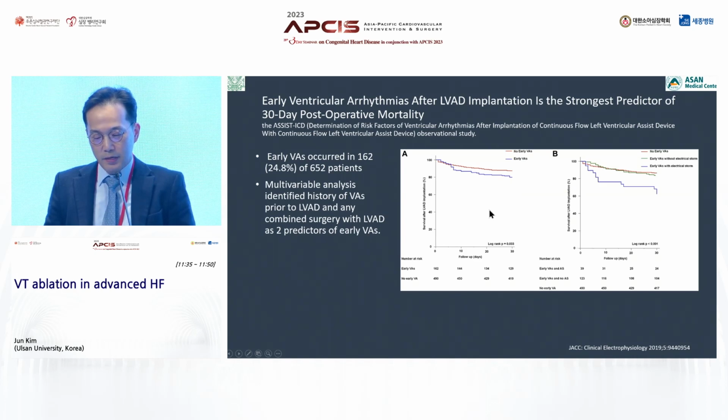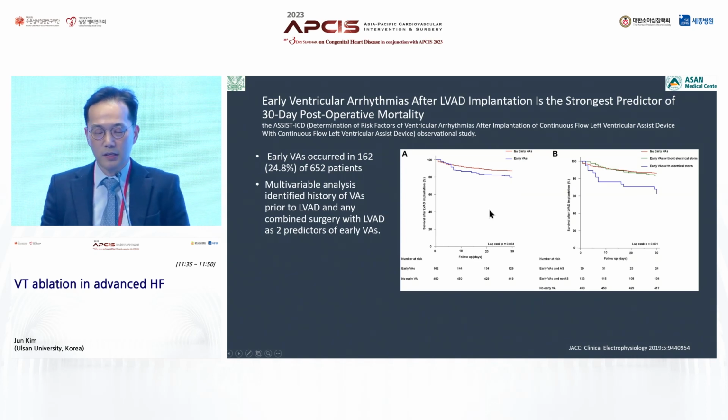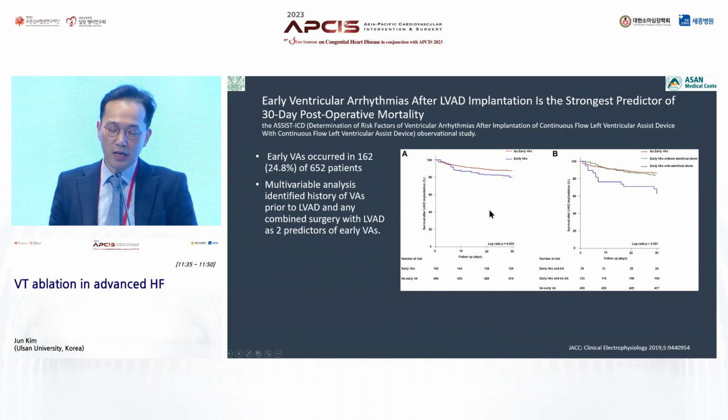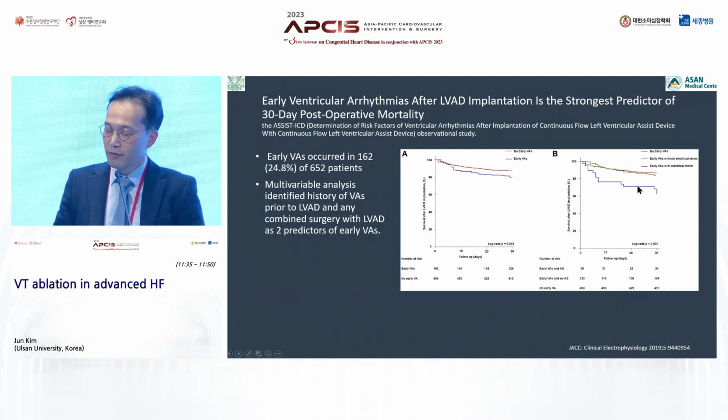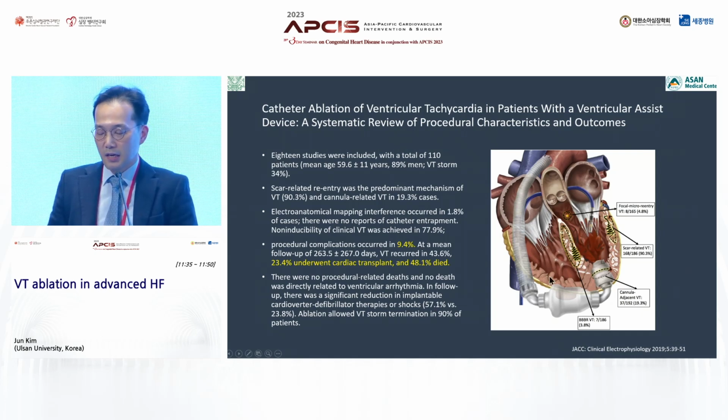And if the patient has LVAD, even though those patients have hemodynamic stabilization, early ventricular arrhythmia occurs up to 25%. And there are many causes of VT, like reentry or bundle branch reentry or focal mechanism.